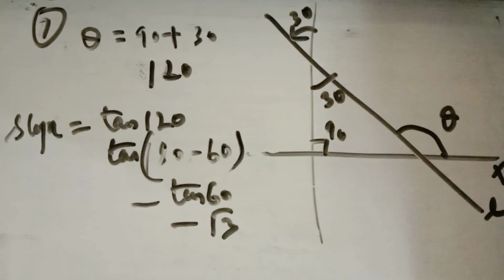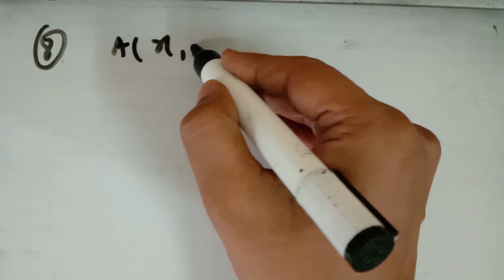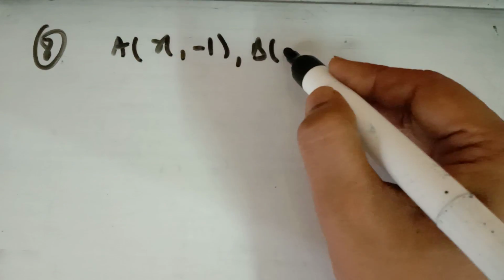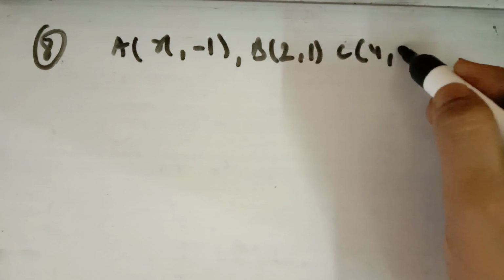Now in question number 8, what you have to do? In question number 8, find the value of x so that these 3 points are collinear. You have to find the value of x, given that these 3 points are collinear.